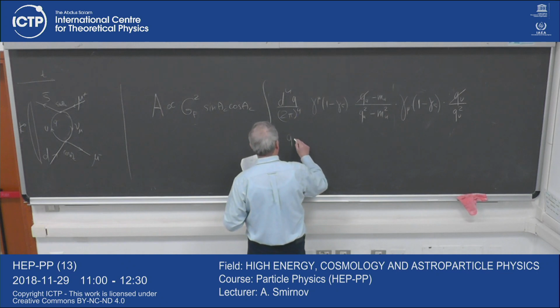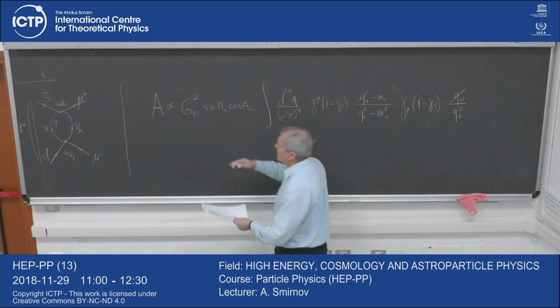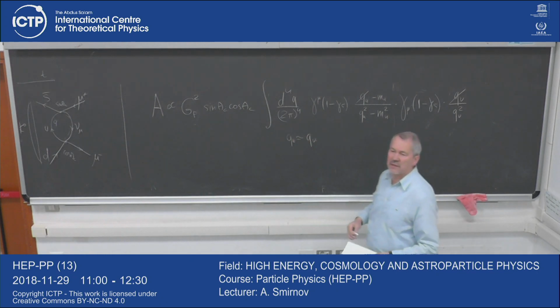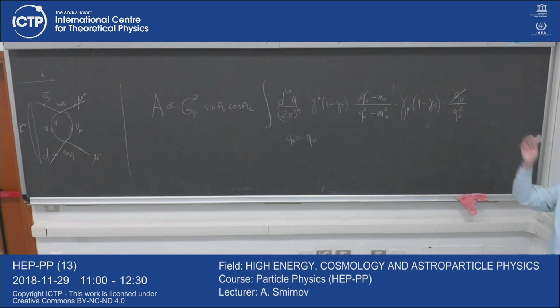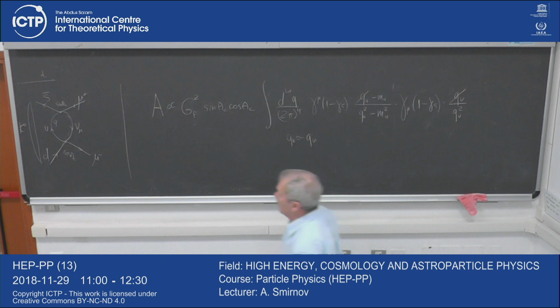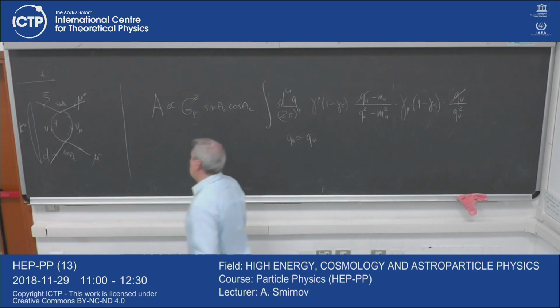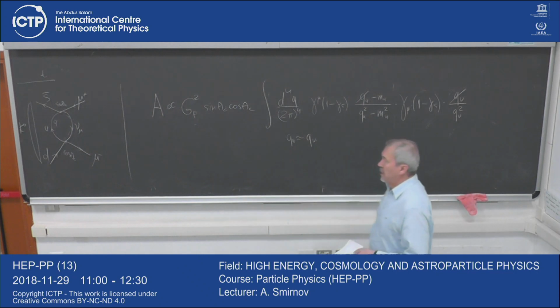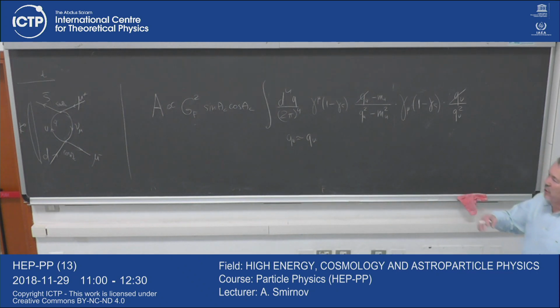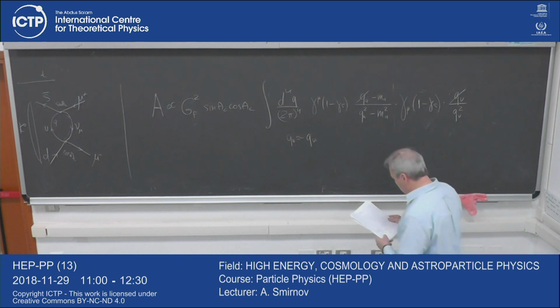In the first approximation, I will make some estimation. I can say that the momentum of the u quark is approximately the momentum of the neutrino, neglecting the momentum of external particles. Usually, when doing integration, you need to take into account also these particles which are appearing here. But since you integrate over q up to infinity, you can neglect this difference.